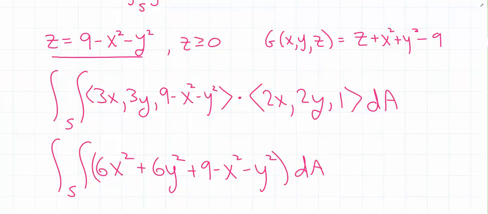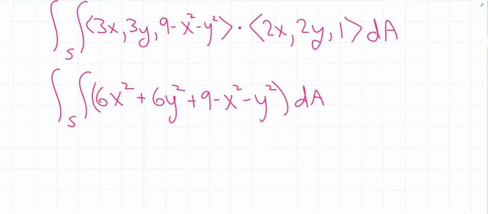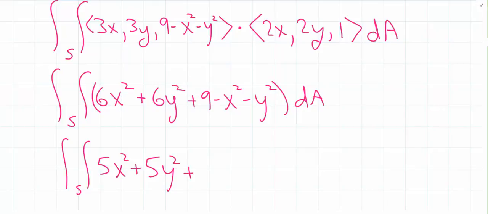Okay, so I just dot product the whole thing. Now let's see what we have. We have 5x squared plus 5y squared plus 9 dA. Okay, just putting everything together.